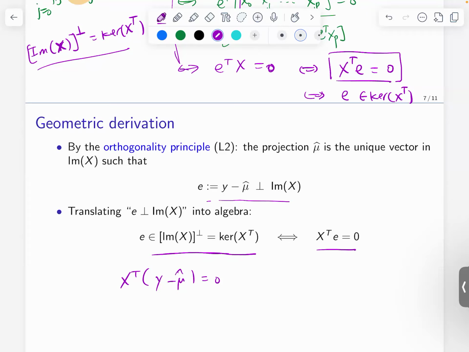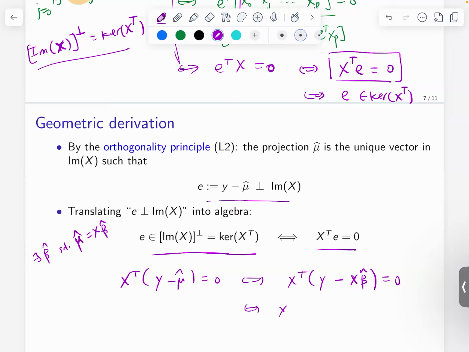That's E. This is also equivalent to saying that mu hat is something in the image, so it's a vector in the image by definition and can be written as X beta for some beta, which I'm going to call beta hat. So there exists a beta hat such that mu hat is equal to X beta hat, because mu hat is in the image of X.